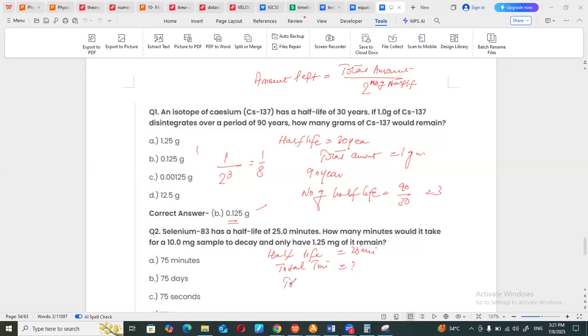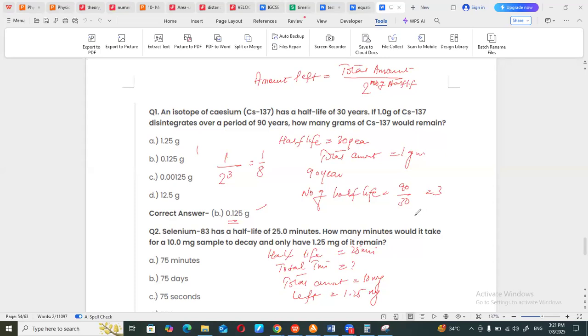And what is the total amount? 10 milligrams. And left is 1.25 milligrams. Simply place the values. Now, important part. How many minutes would it take, with half-life 25?